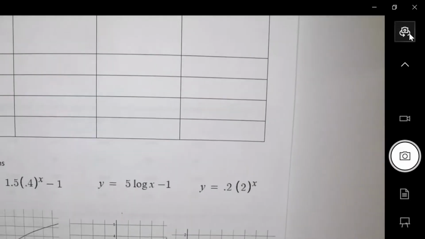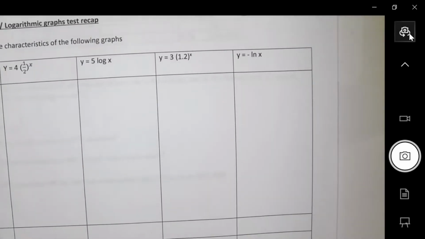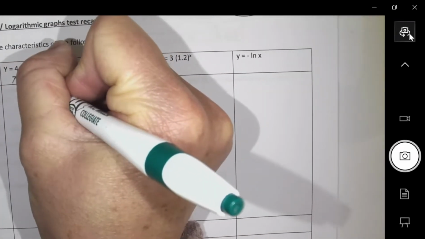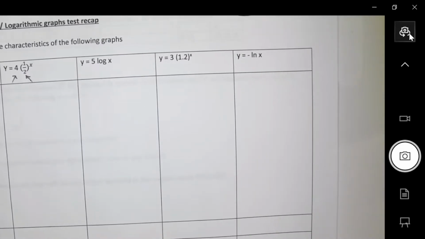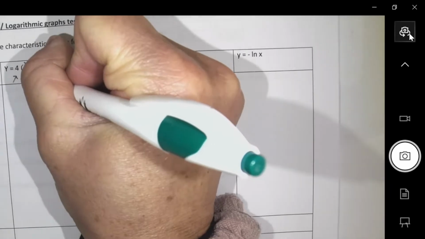Okay, so recapping. Ready? Let's kind of try to graph this stuff without a calculator. Okay, so we're not going to graph obviously exact points, but let's say, what do we know about this? So this is an exponential. It's less than 1.